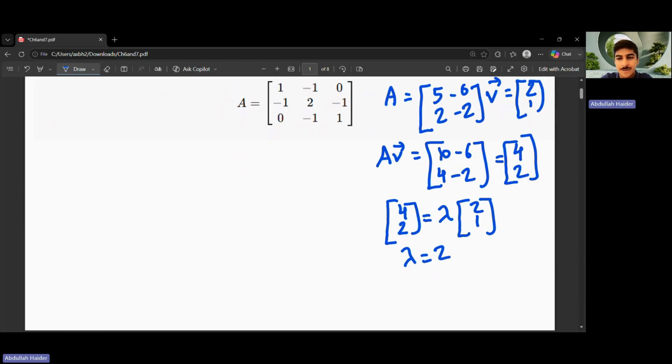And our conclusion is that lambda equals 2 corresponds to an eigenvector of 2, 1. This is all you need to know as the basics. And now we will move on to solving this question.